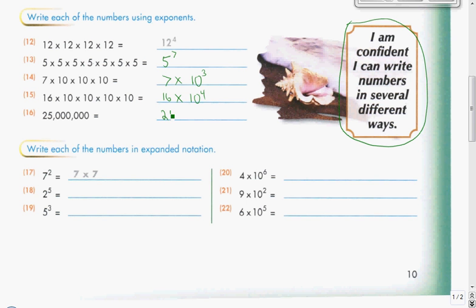Once. Times 10. And how many zeros is that? 6, so times 10 to the 6th power. You see that? Alright. Are we clear? See, 25 is used as a factor.